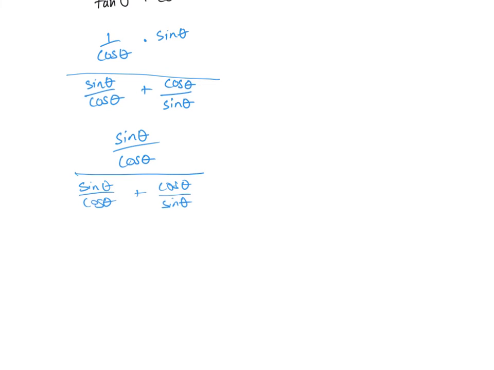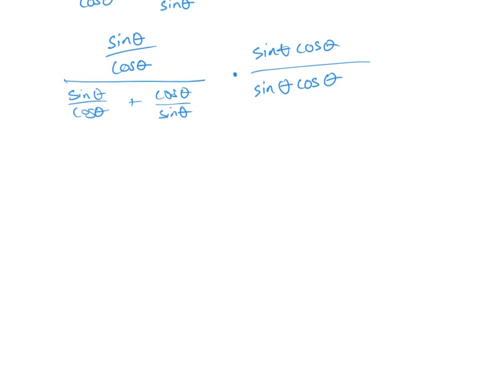Now let's see here. If I multiply the numerator and the denominator by sine of theta times cosine of theta, I can get rid of all the messy denominators. So let's do that.